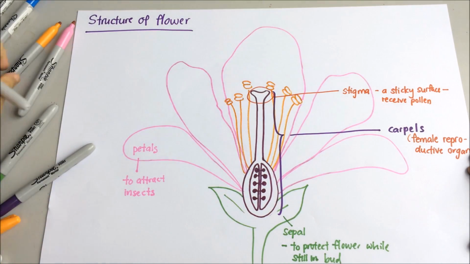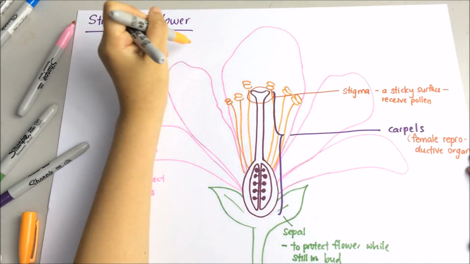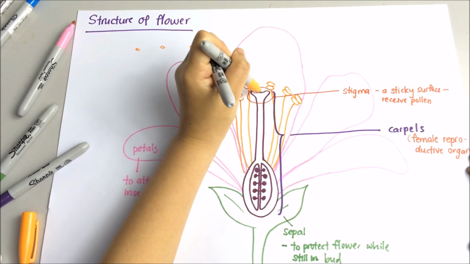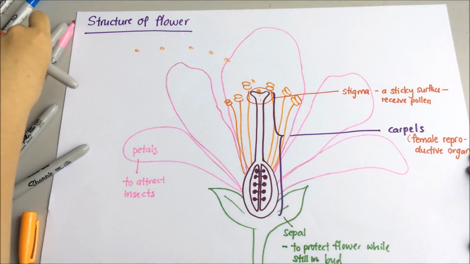Pollination simply means the transferring of the pollen grain from other flowers or its own flower to the stigma.